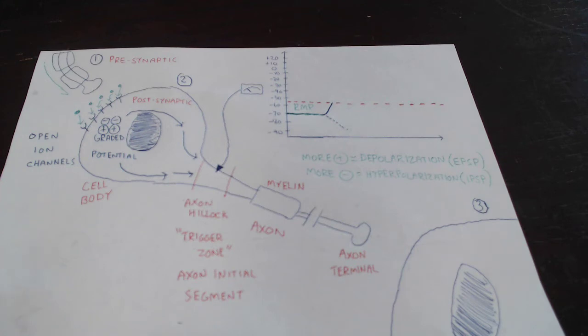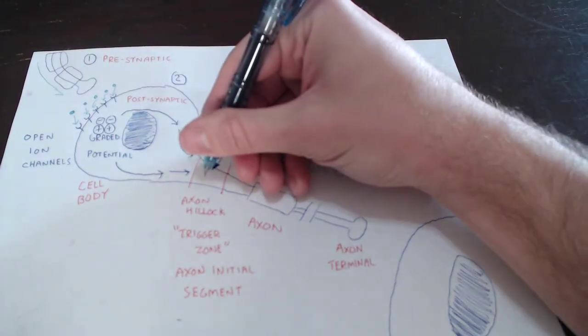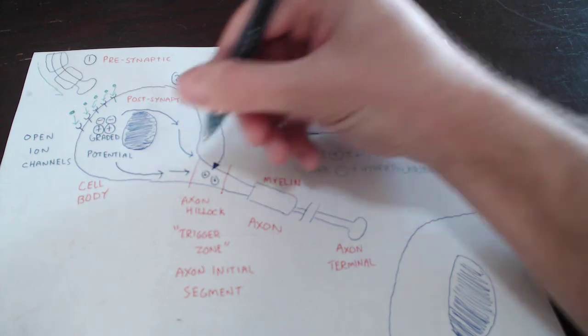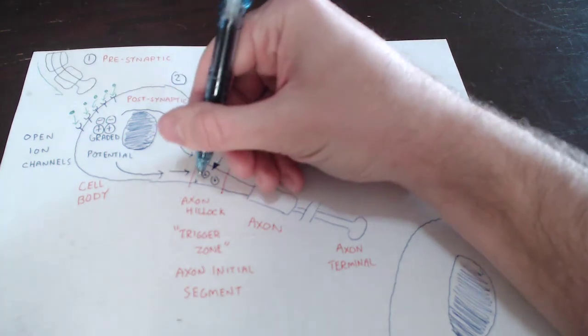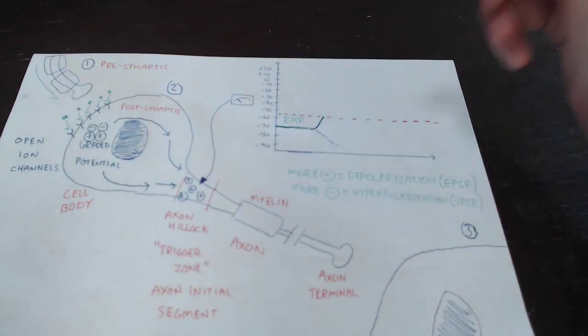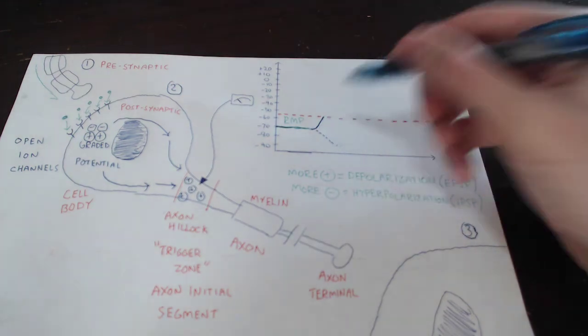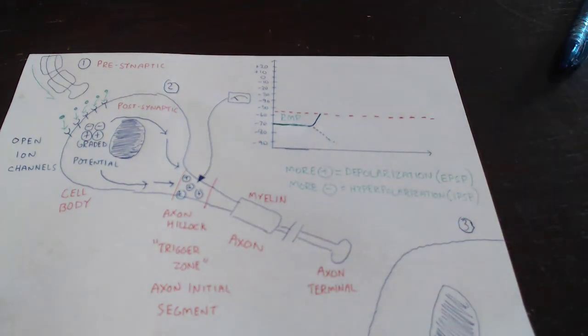That gives us depolarization. So let's say that we get to threshold here. We've got lots of sodium ions that have made their way to the axon hillock here, and that gets us to threshold here.